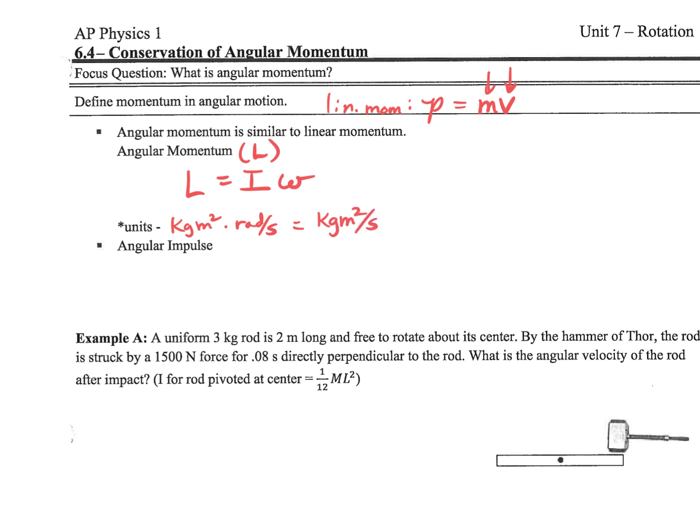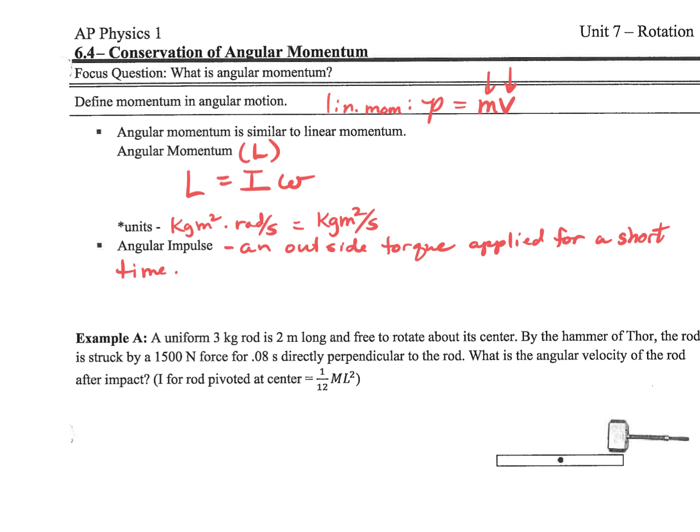Okay. You can have an angular impulse. What is that? It's an outside torque, outside of the system, that's applied for a short time, just like a linear impulse.